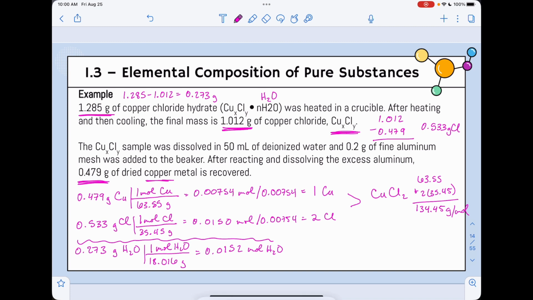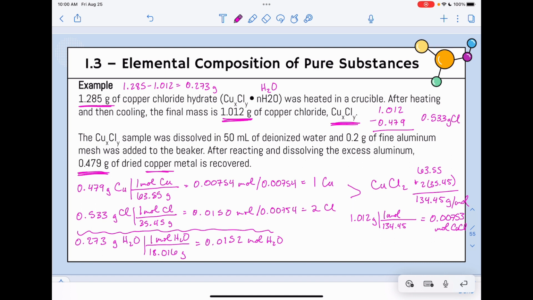If I have 1.012 grams, and I know that 1 mole of this stuff has a mass of 134.45, I have 1.012 divided by 134.45, which is 0.00753 moles of CuCl2.